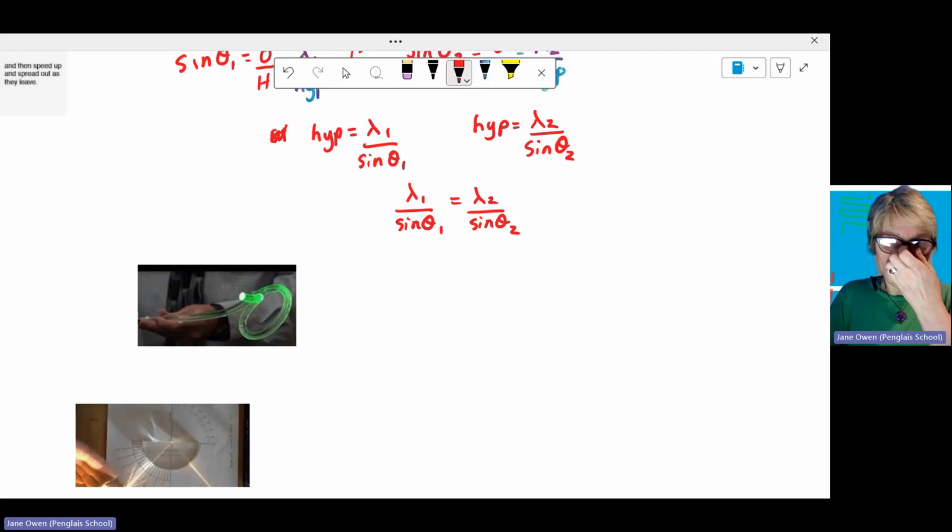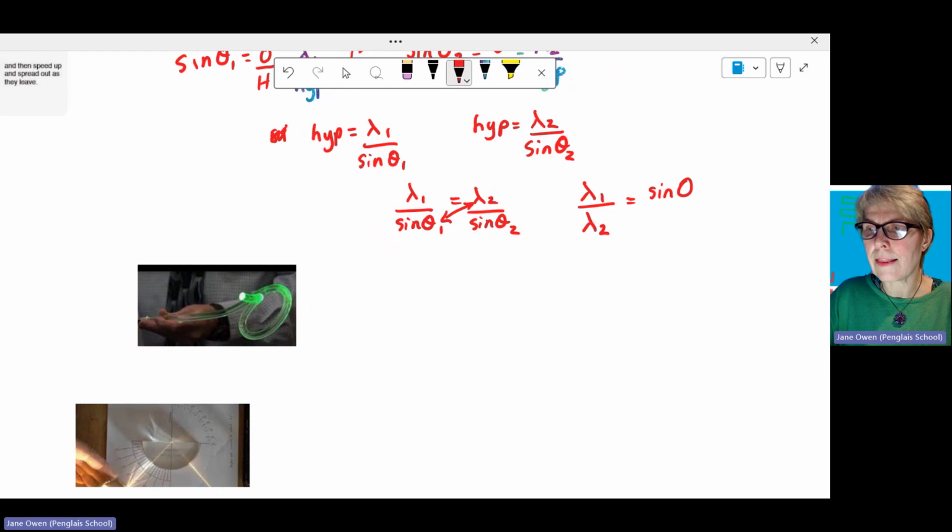Let's just cross this over, and then we've got it in the form of the ratio of the wavelengths in medium 1 and 2 is equal to the ratio of the sine thetas in medium 1 and 2.